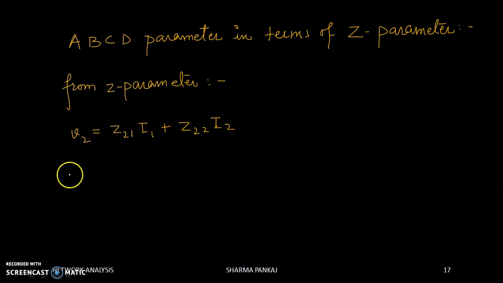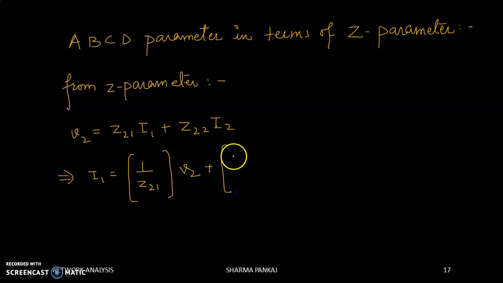That gives I1 is equal to 1 by Z21 into V2 plus Z22 upon Z21 into minus I2.